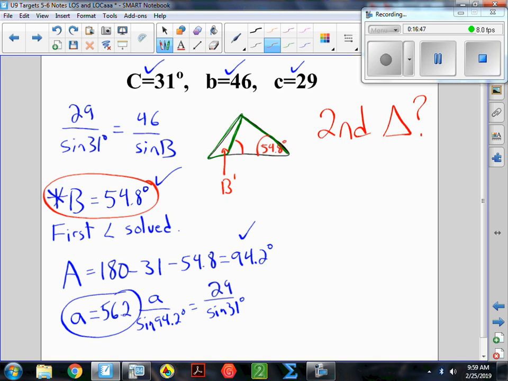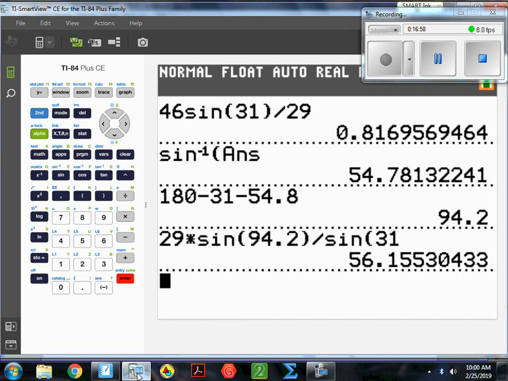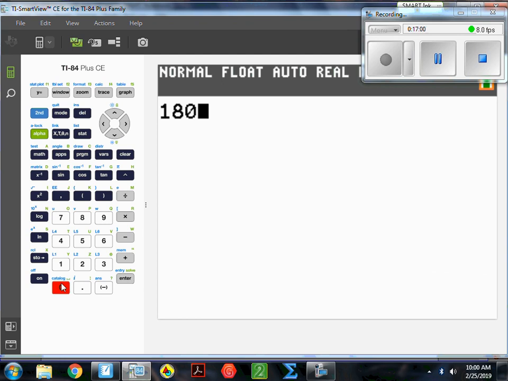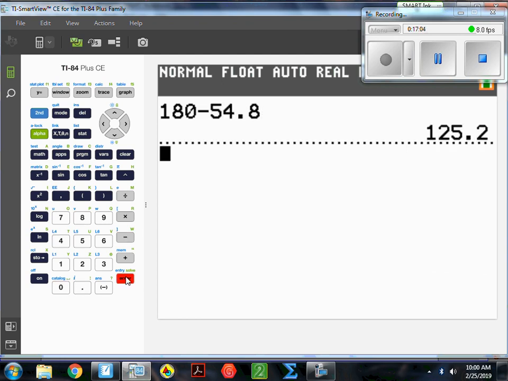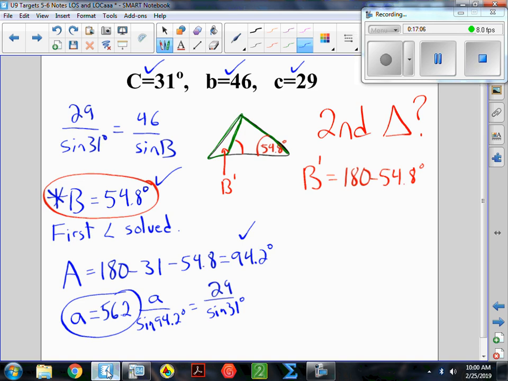And that forms a linear pair with the original B. So my new B would equal 180 minus 54.8, and I get 125.2. So if there's a second triangle, the second B would equal 125.2.